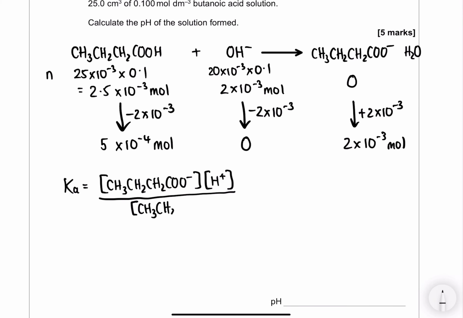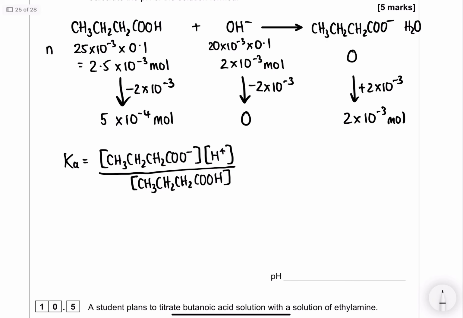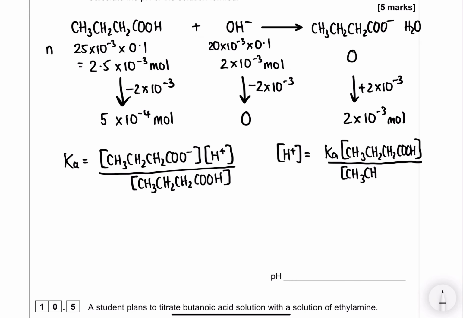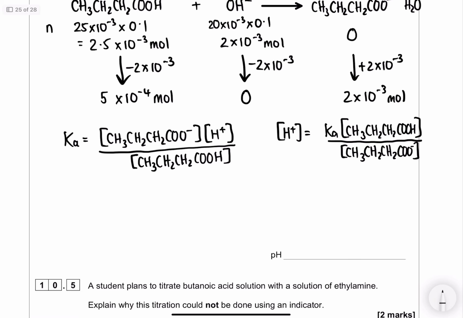Now, because we're creating a buffer here, we can't cancel anybody, no two numbers are the same, and we're trying to find H+, so we can rearrange to say H+ equals Ka times the formula of butanoic acid divided by the formula of butanoate ions, and we can put the numbers in.